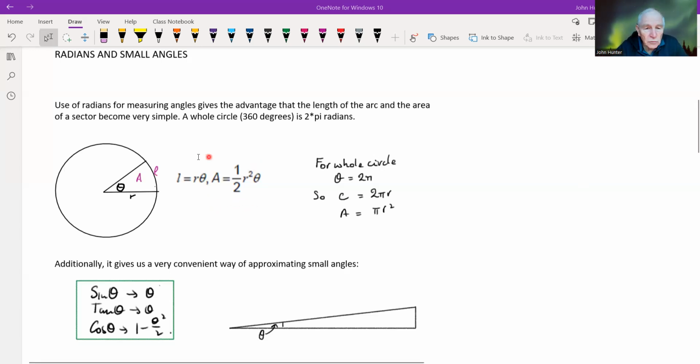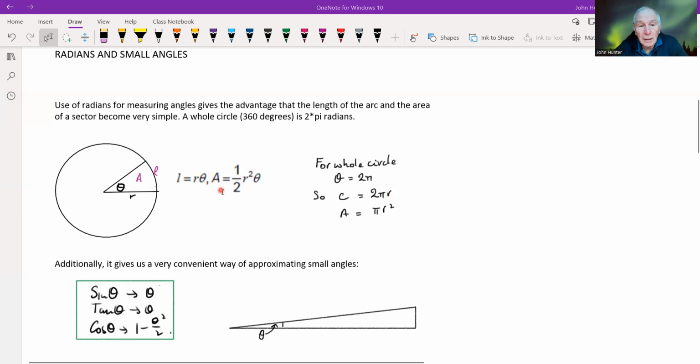So if we take those formulas and double check back with a whole circle where theta is 2 pi, that length around the whole circle would be the circumference. So r theta would be r times 2 pi, or 2 pi r. That is exactly what we recognize it to be.